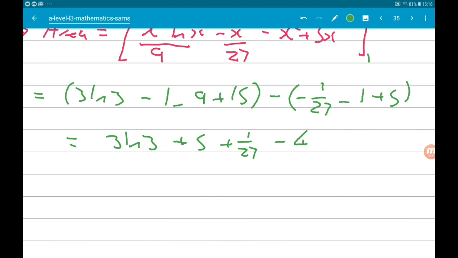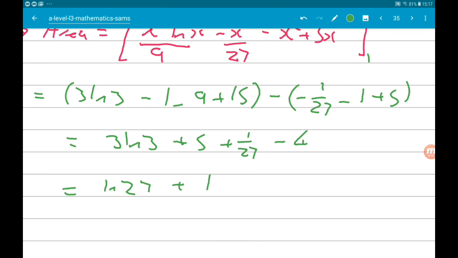Now, by the rules of logs, 3 log 3 is log of 3 cubed, which is log 27. Now we have 5 minus 4, which on a good day is 1.